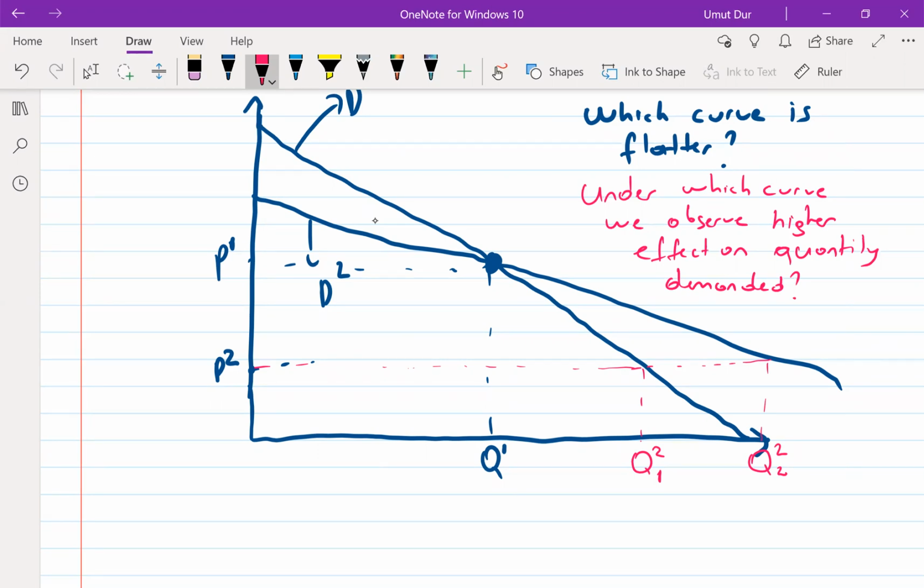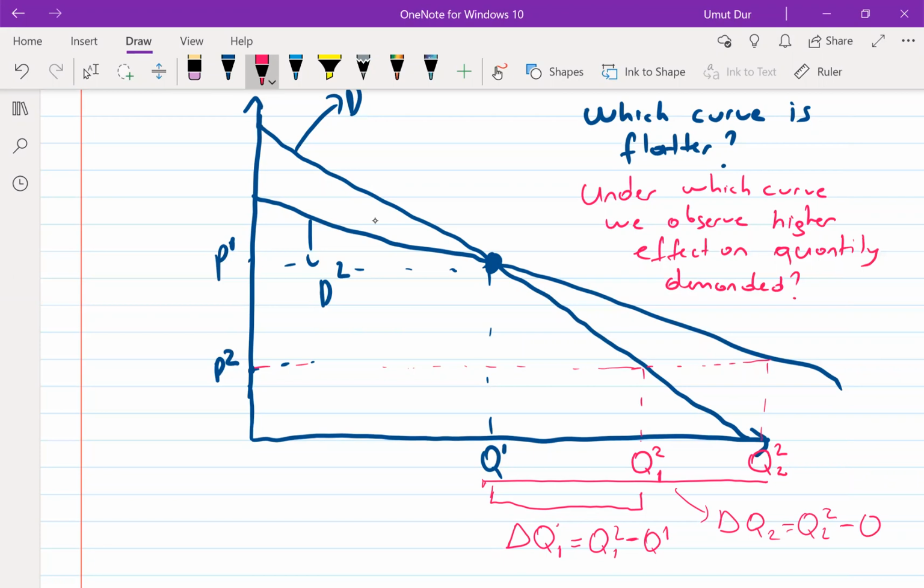Okay, so let's think about it again. For the first curve, this is the quantity demanded change, delta Q. That is Q12 minus Q1, and this is delta Q change for the second one, Q22 minus Q1.